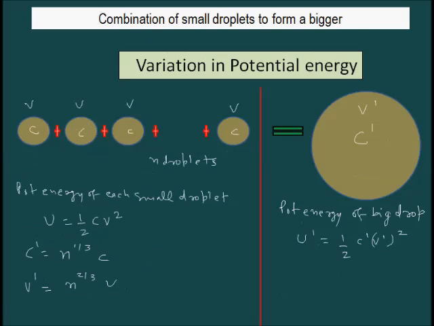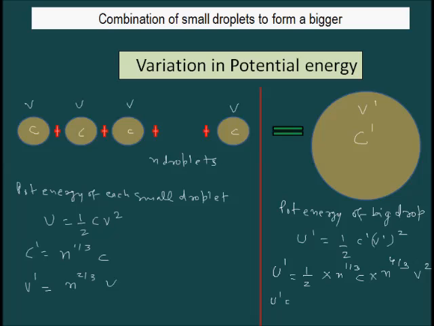We can use this relation here, and the new potential energy, if we substitute these values, is n to the power 1 by 3 C and the square of V dash, so this will become n to the power 4 by 3 V square.